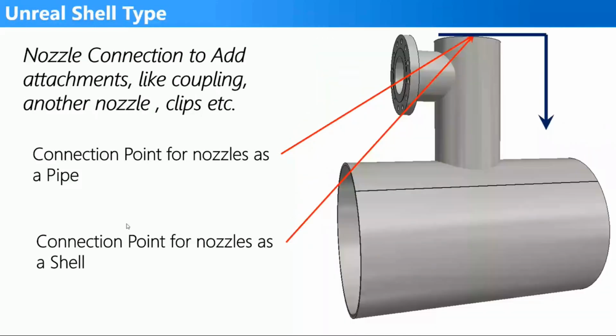If you have a nozzle and you would like to add another connected nozzle or a connected coupling to this nozzle, sometimes you have a coupling to add an instrumentation tool to measure the temperature. So by the same concept, you can add an unreal element at the end of this nozzle, and it takes the same information of this nozzle. So by that way, you can add an attachment to a nozzle.